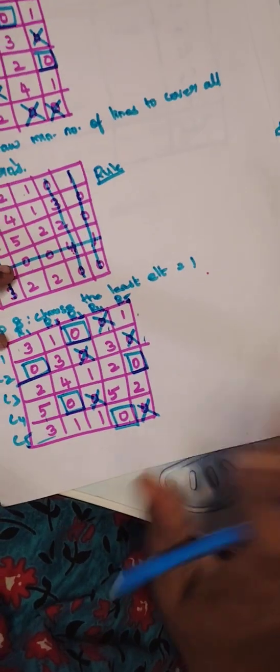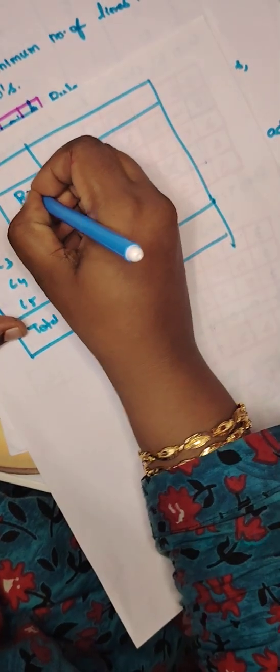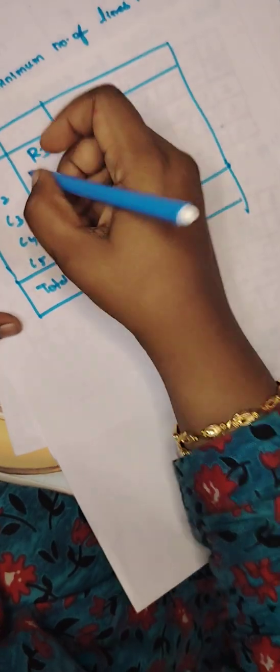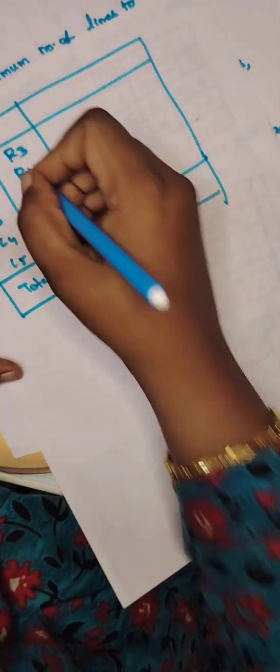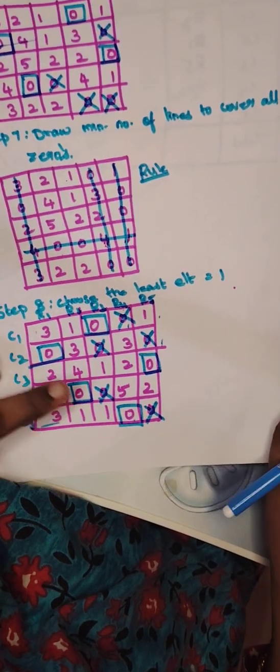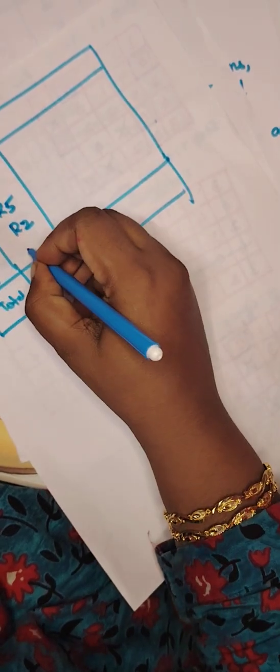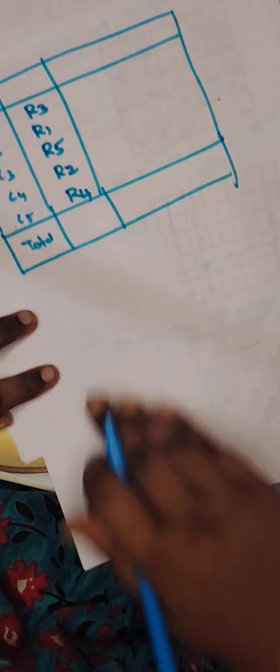As you can see, C1 represents R3, then C2 represents R1, C3 represents R5, C4 represents R2, and C5 represents R4. So I have written this.